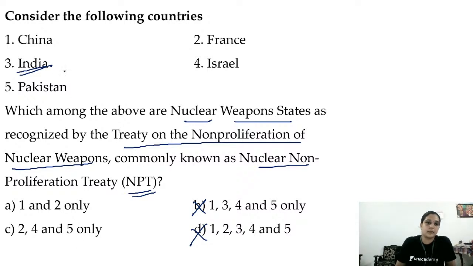In the fifth statement, I know very well Pakistan did not sign, because Pakistan also did not sign, India also did not sign. But many countries are supporting India to be involved in the Nuclear Suppliers Group, even though it did not sign the Non-Proliferation Treaty. So what is China doing? China is supporting Pakistan.